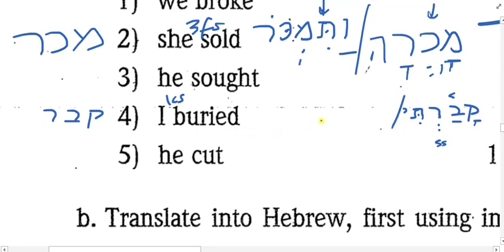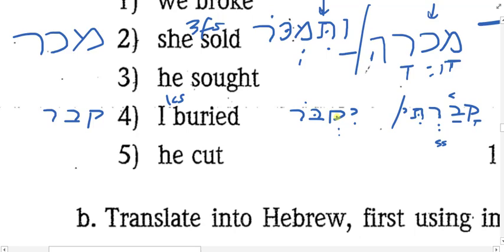Now I also can do this as a WCI or vayiktol with the 1 CS. So again, I could start with the imperfect 3ms, which is yikbor. Okay?